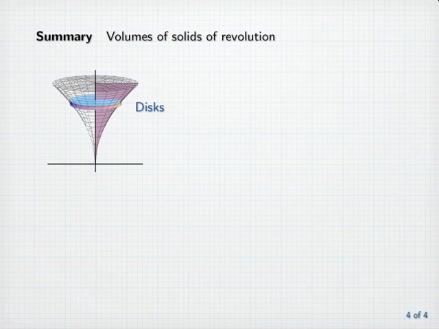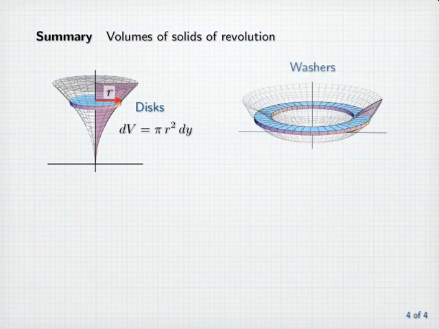The disk has a radius, which we'll call r, and the volume differential corresponding to that disk is dV equals pi times r squared times dy, which we think of as the thickness of the disk. Now, of course, in this case, r would have to be expressed in terms of y. In some situations, rather than disks, we end up with washers when revolving a perpendicular slice of the region about the vertical axis.